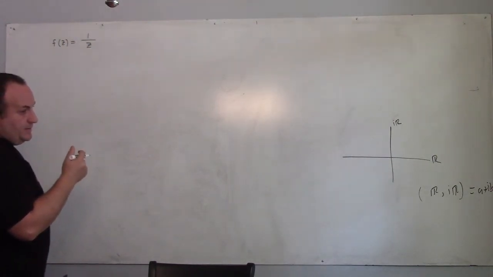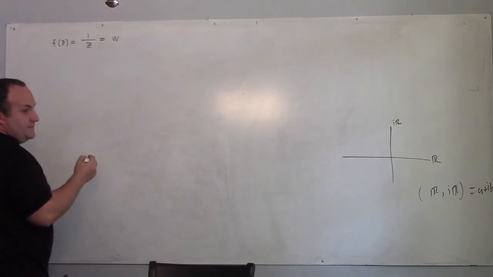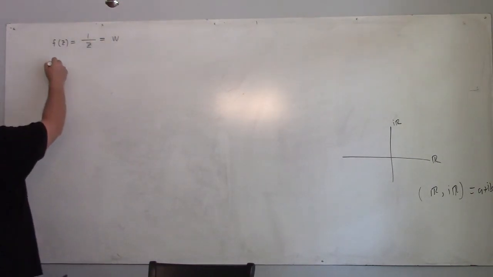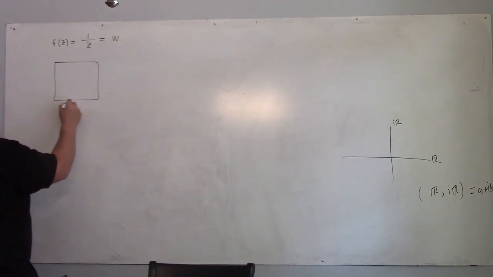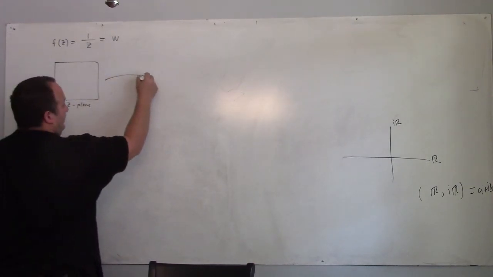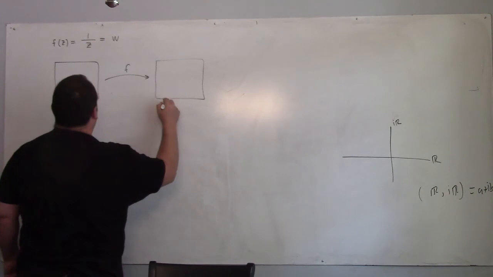Right? So here, you think of this as being equal to w. And what you want to think about is here's the z plane, and f maps over here to the w plane.